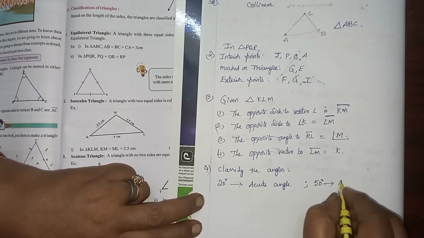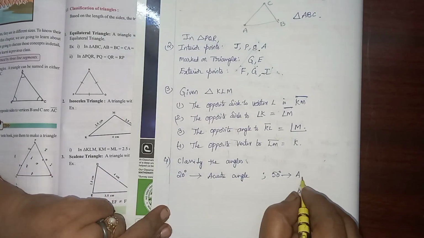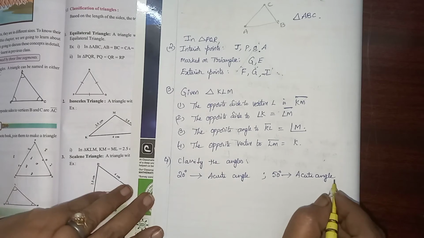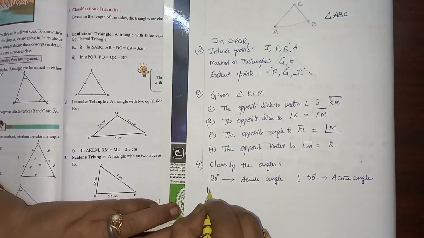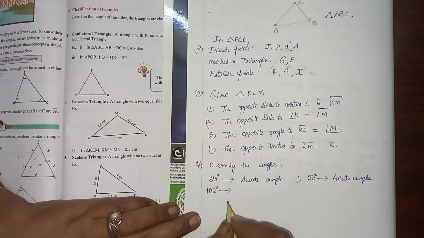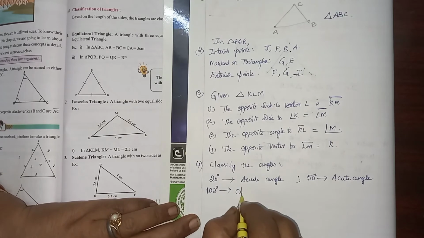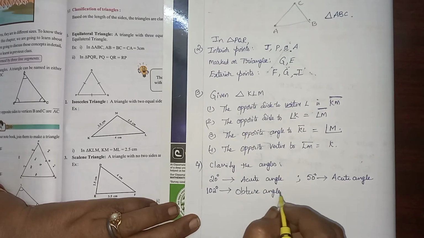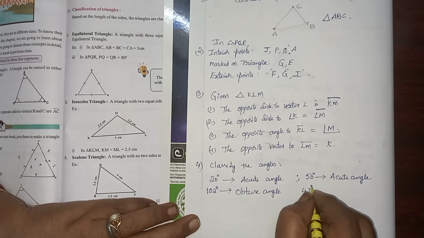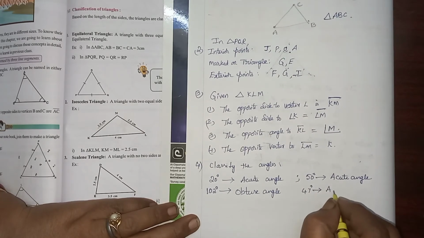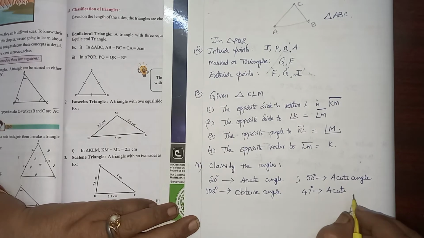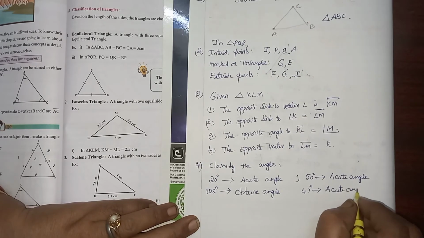50 degrees is also an acute angle. 102 degrees is an obtuse angle. 47 degrees is an acute angle. Above 0 and below 90 degrees is called an acute angle.